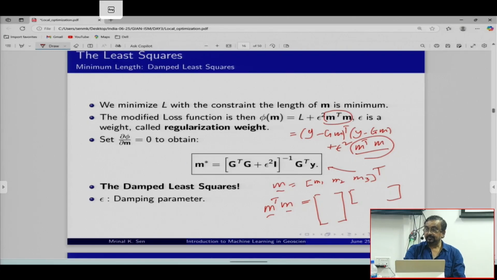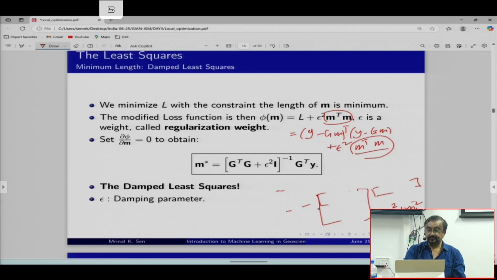Because you have to transpose it. And if you sum those properly, you get m1 square plus m2 square plus m3 square, which is your measure of the length, right? So putting this constraint as m transpose m basically assures you that the length of the model is small.